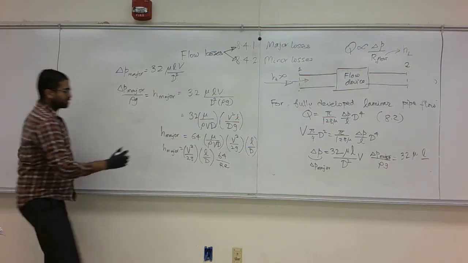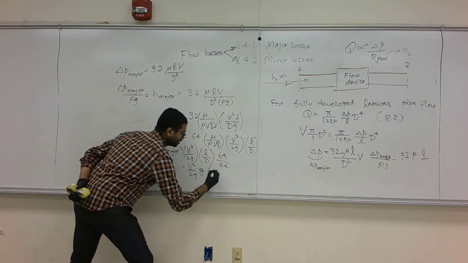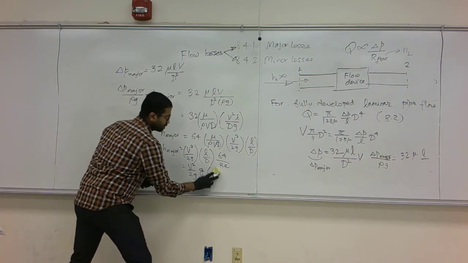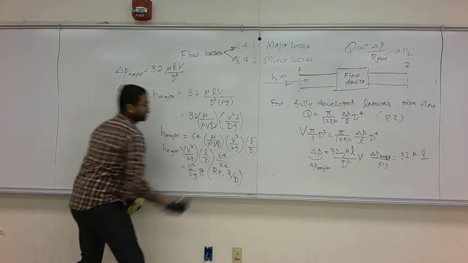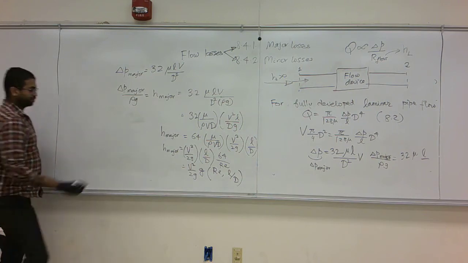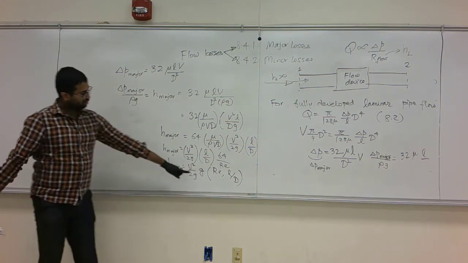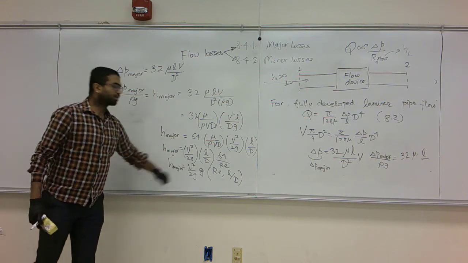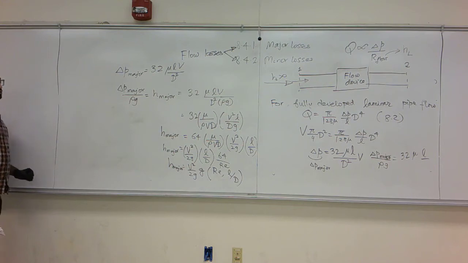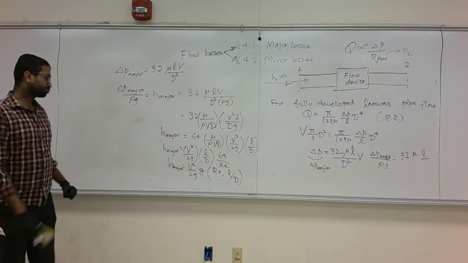So what I have here is, I can write V squared over 2g times a function that depends on Reynolds number and the length of the pipe written in non-dimensional form. Sometimes this function comes from a theoretical analysis. Sometimes this function comes from experimental data.